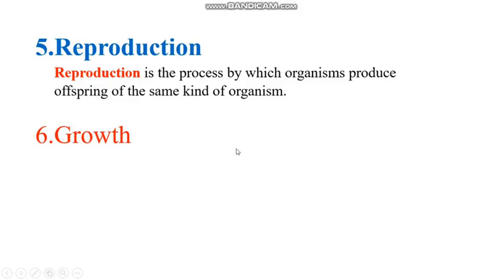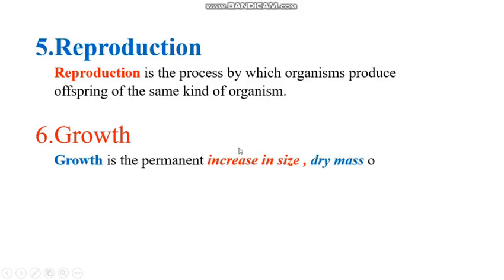So what is growth? Growth can be defined as the permanent increase in size, dry mass, or number of cells over time. That is what growth is. All living things are able to grow, and this growth can be an increase in size or mass. It can also be a change of shape or the development of a different structure.